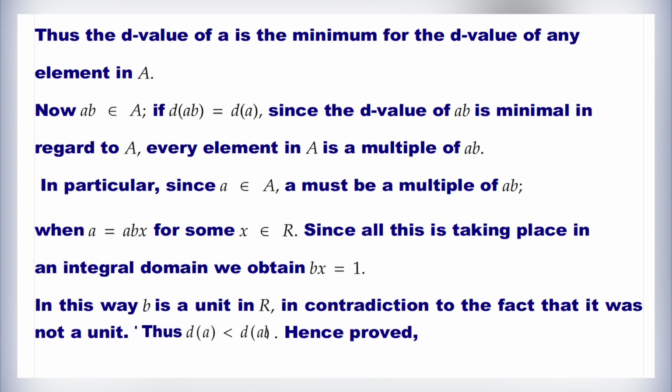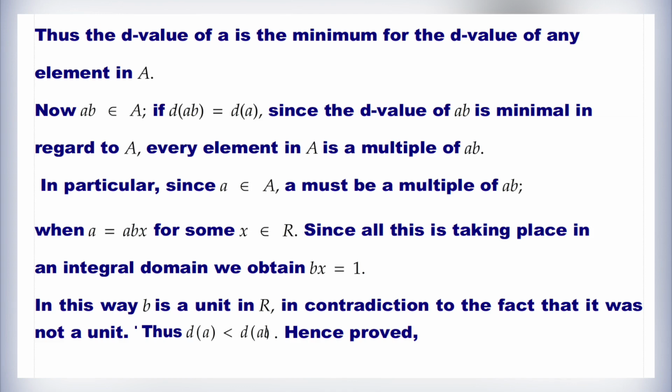Now, AB belongs to the ideal if D of AB equals D of A. Since the D value of AB is minimal in regard to the ideal, every element in the ideal is a multiple of AB.